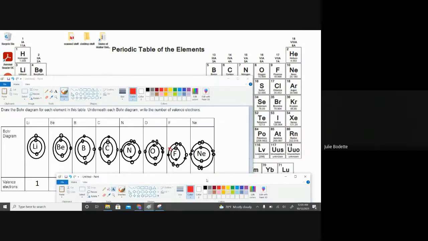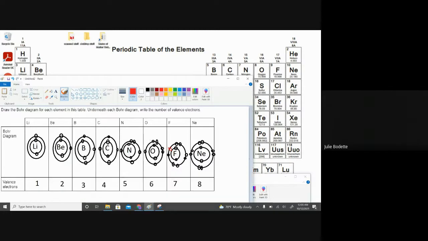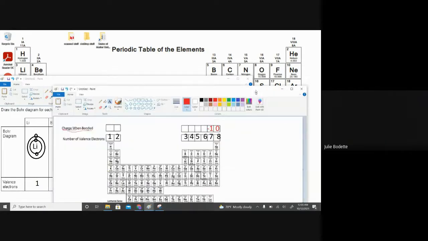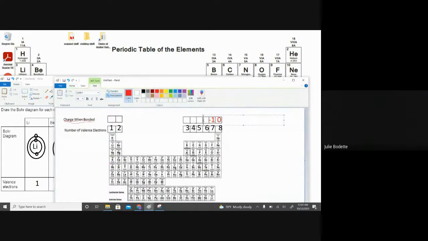Okay, what about oxygen? Well, oxygen has 6, and it needs to get to 8. So it will gain 2, right? 1 here, 1 here. It will gain 2. So if you gain 2, you get 2 more negative electrons. Its charge is -2.